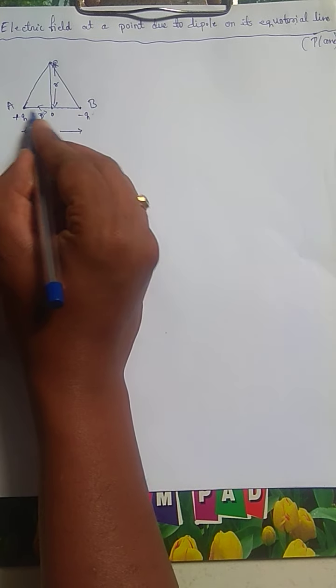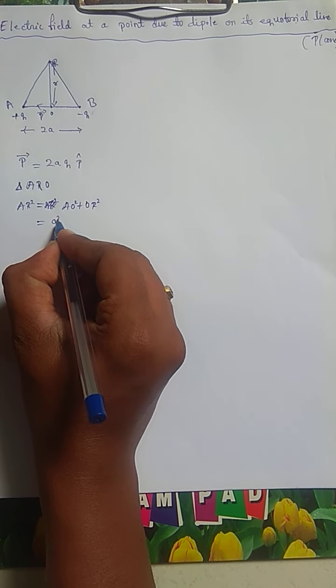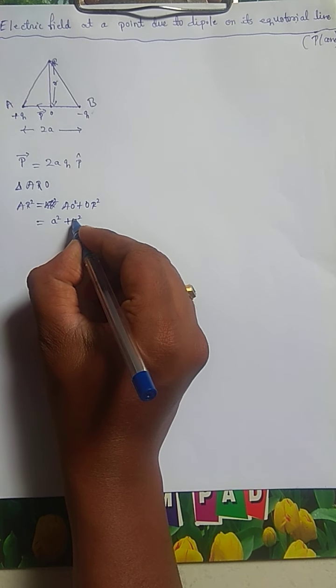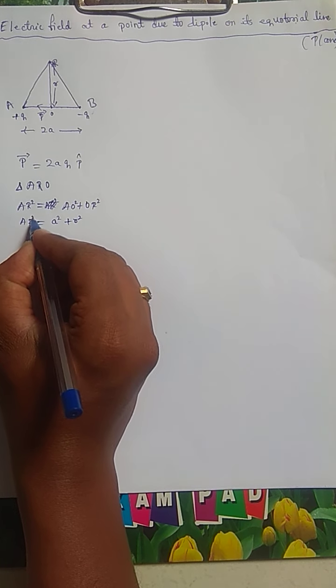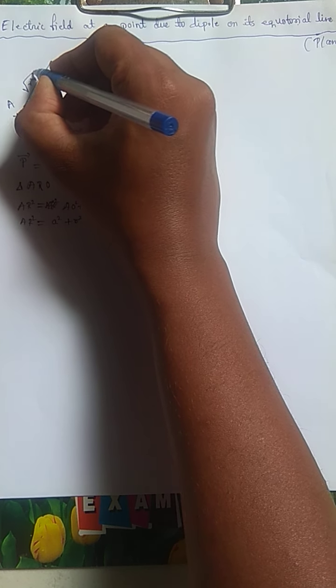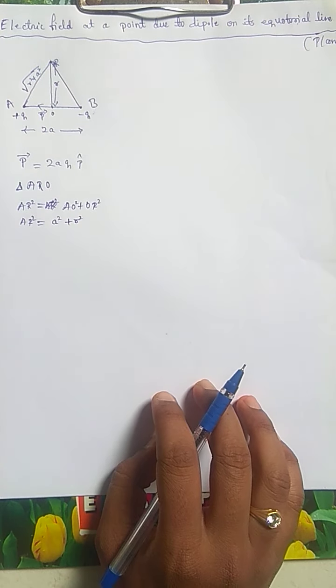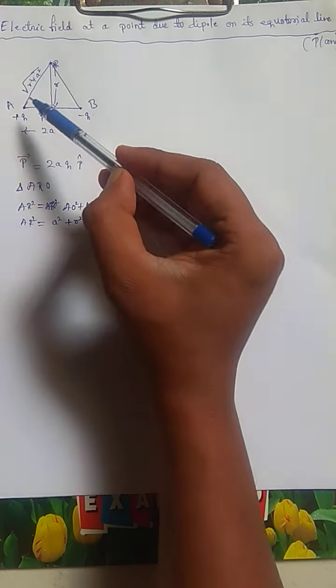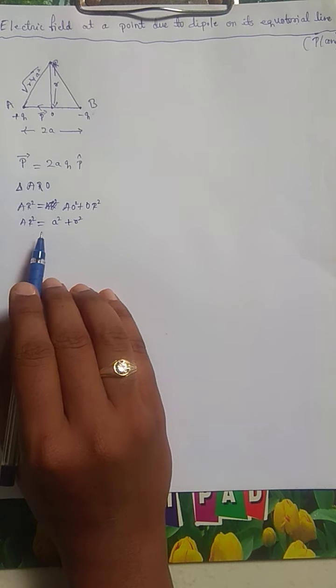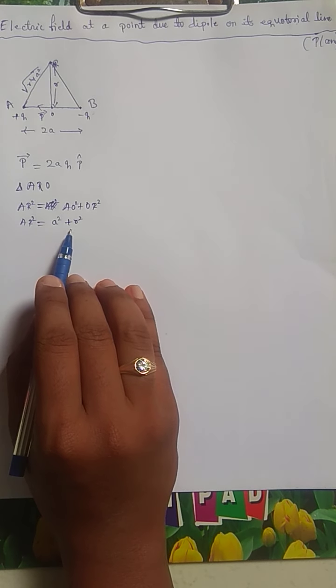AO square is small a square, and OR square is small r square. So AR square is equal to a square plus r square. But we require AR, so AR equals the square root of a square plus r square.